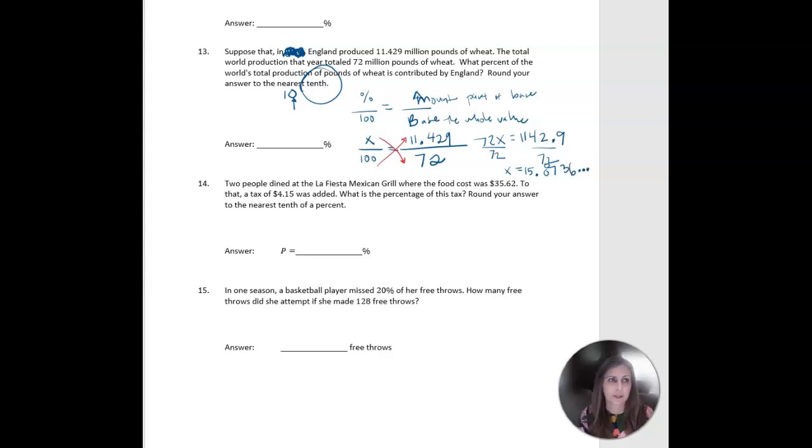Let's review rounding really quick. If it says round to the nearest tenth, that means 1 decimal place. What we do is we look back at this number, and since it's above 5, we're going to round up. So this will be 15.9. And remember, we're looking for a percentage. So the answer there is 15.9.